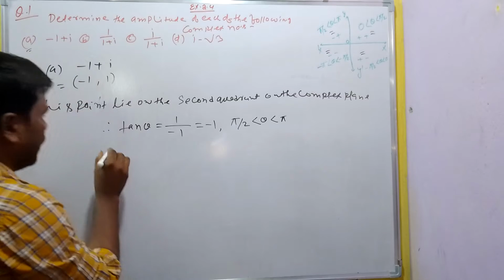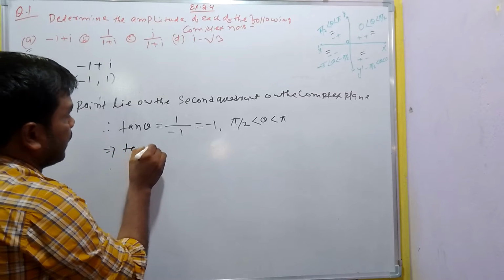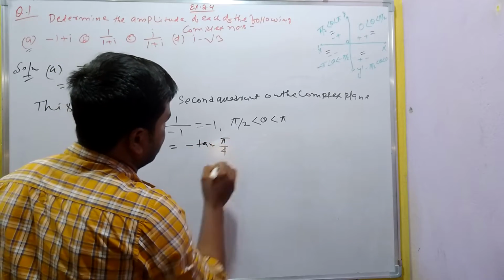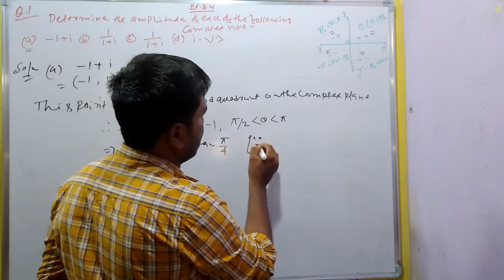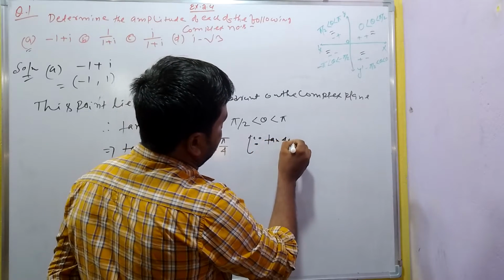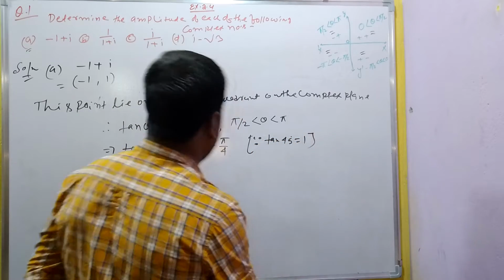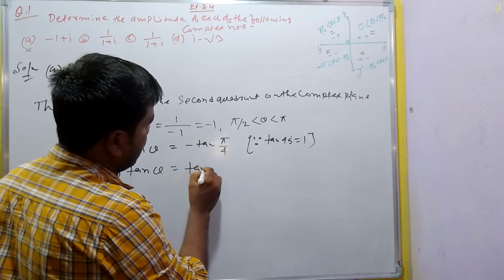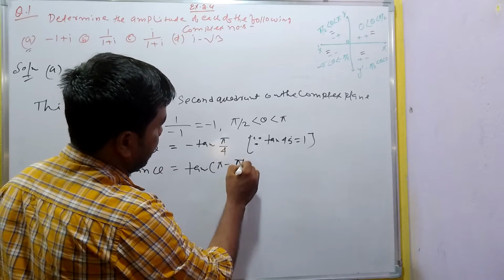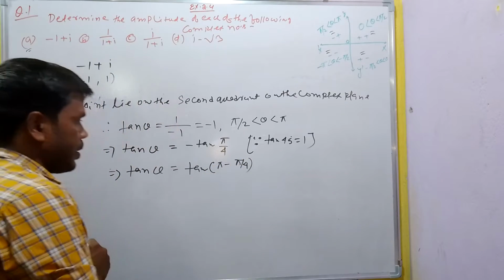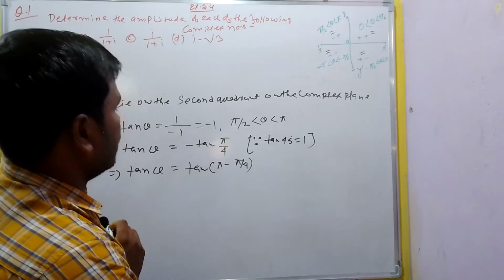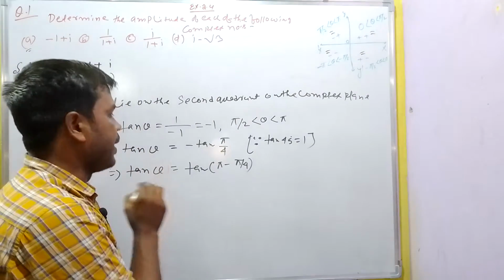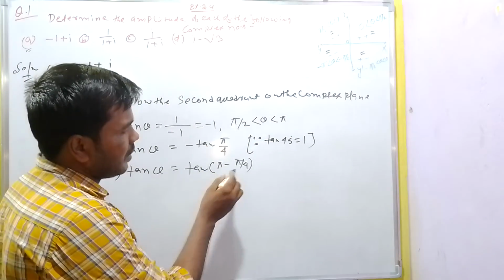Okay, now you have to write tan theta equals minus tan pi by 4, since tan 45 degree equals 1. Now you have to write tan theta equals tan pi minus pi by 4, since we know minus tan theta equals tan 180 minus theta.